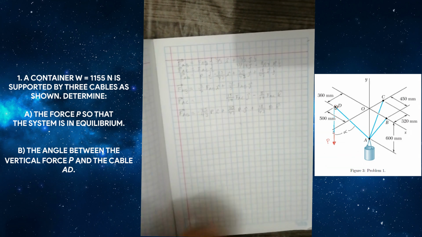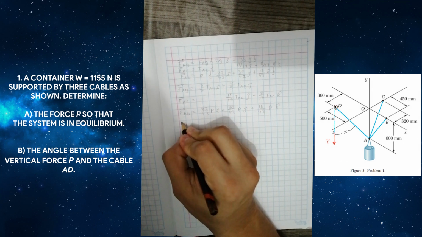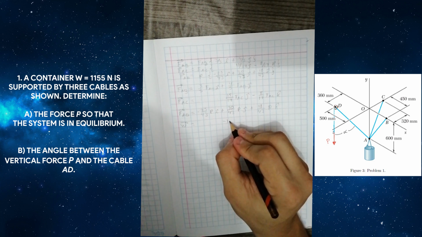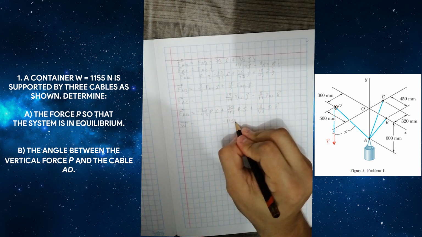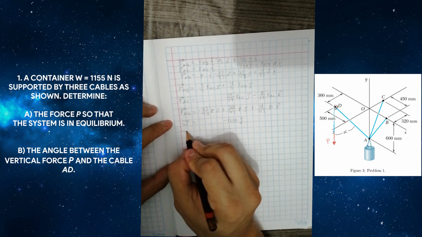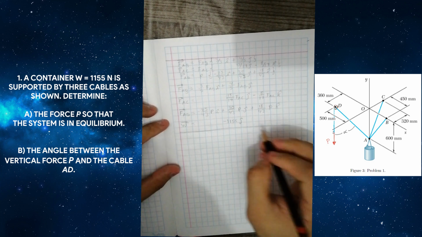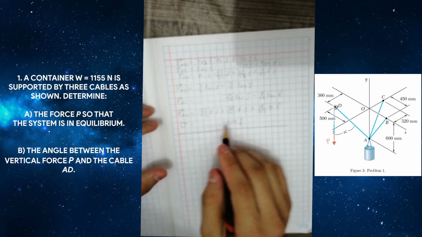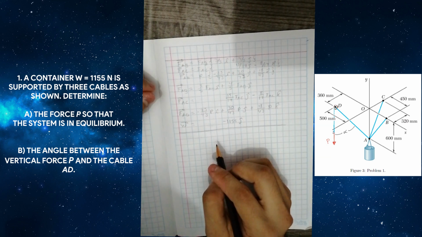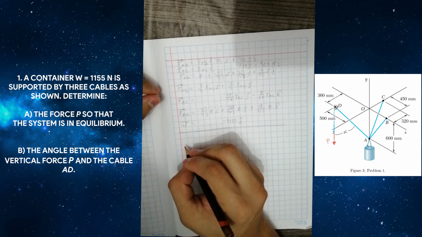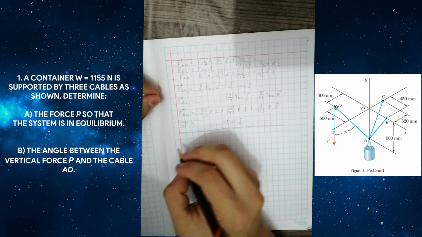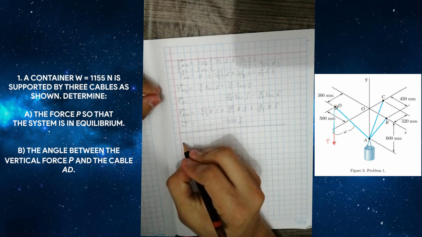That is W equal to minus 1155 j. The sum of each component for all these forces must be 0. So the first thing that I'm going to do is sum each component.